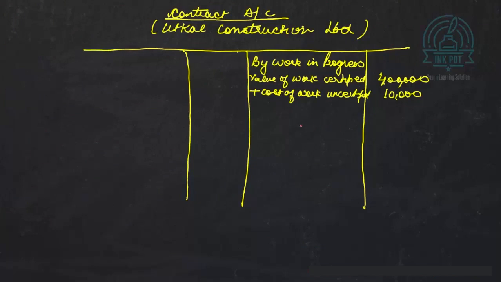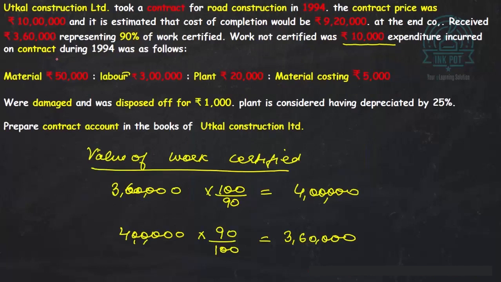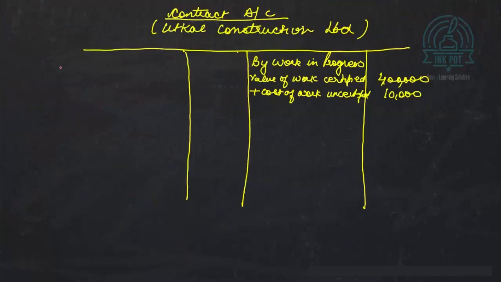Perfect. Now we are going to write all the expenses on the debit side. So let's see what all expenses we have. First of all, to material, 50,000.